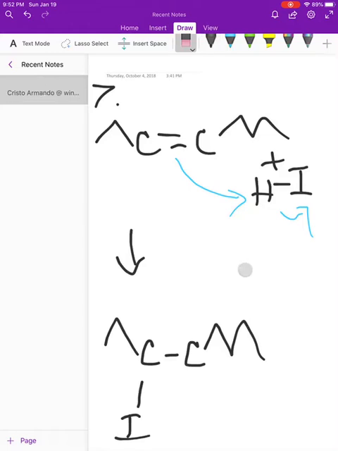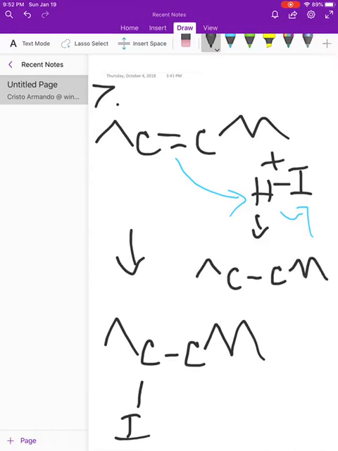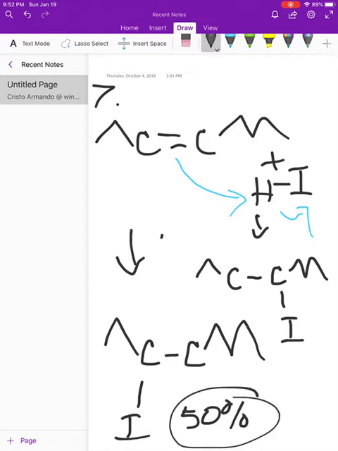And for the second product, we have this. The iodine is going to go right there. So these are in 50% and 50% concentrations in the solution. So both products are made in equal concentrations.